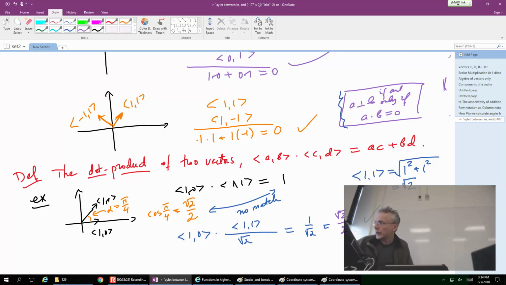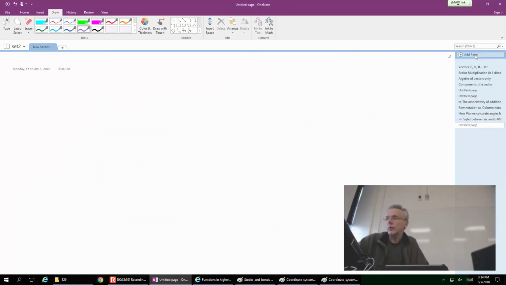Okay, and then another important thing is to observe the meaning of the dot product of a vector with itself. So what is A dot A?